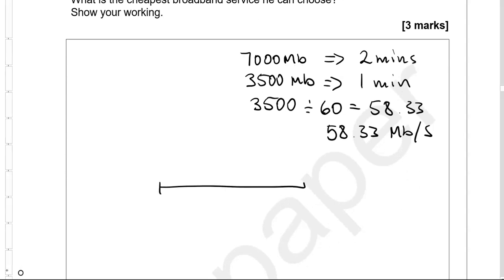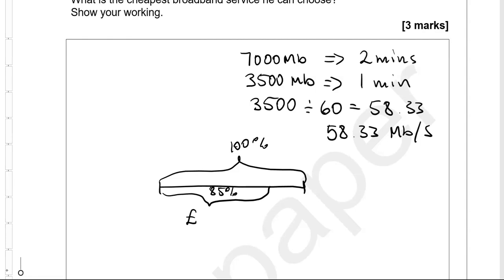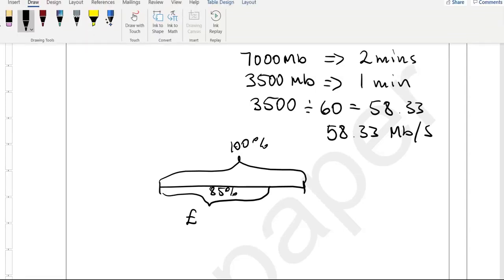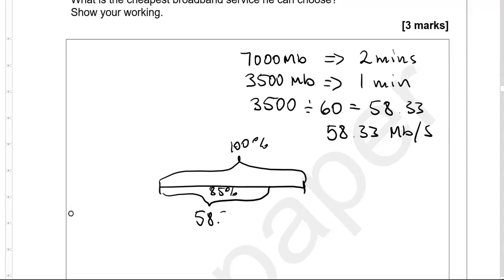So if we show here the 100%, the advertised speed, what we've got is only 85%, and that is equal to, no, it shouldn't be money, it's speed. So 58.33 megabits per second.